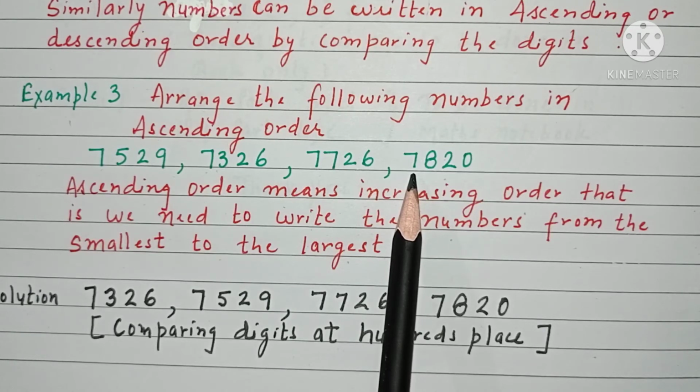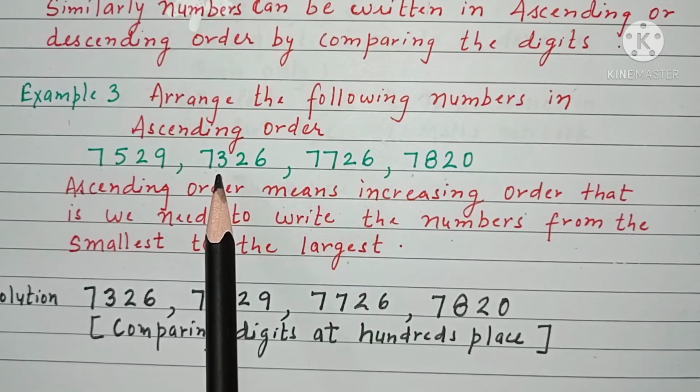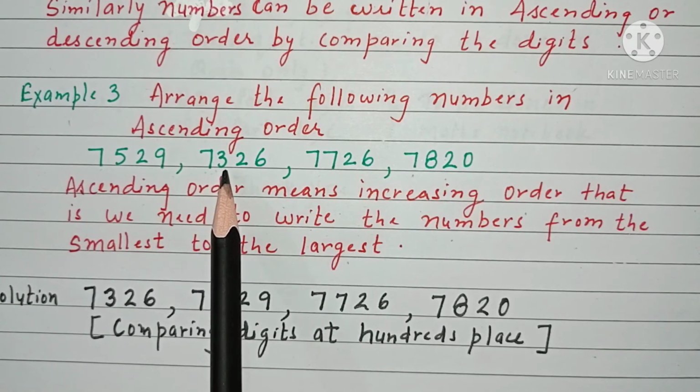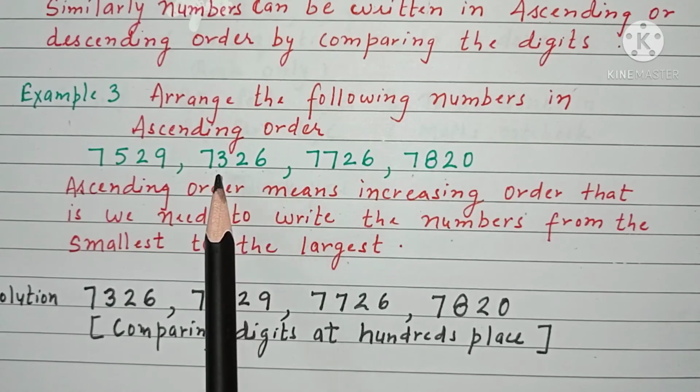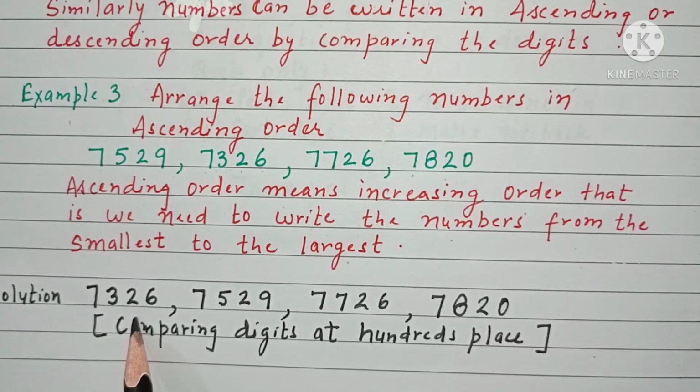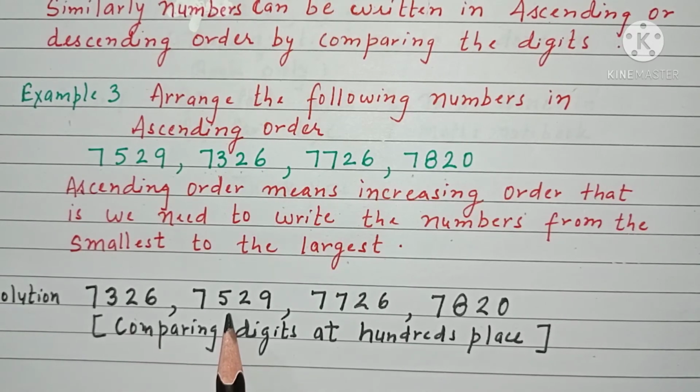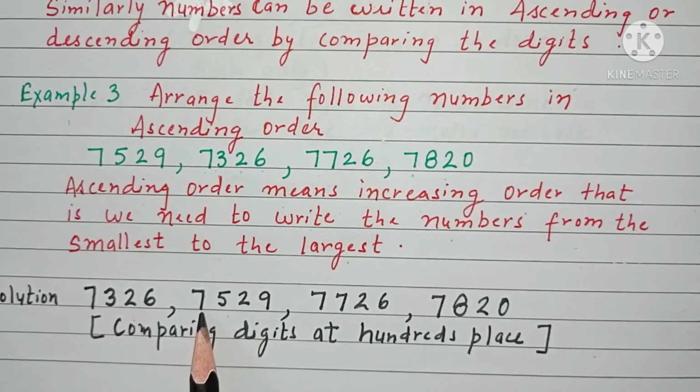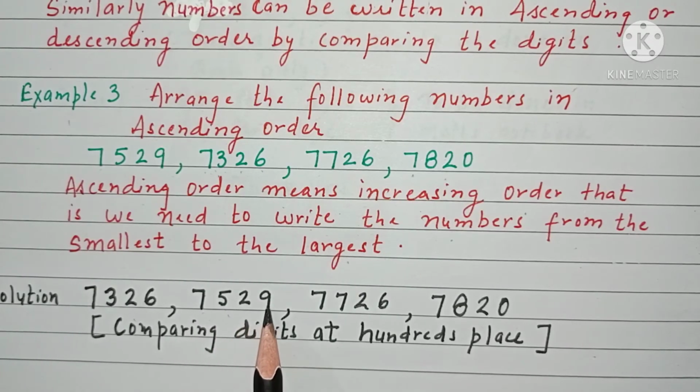We will look for the number which is having the smallest hundred. As we can see here, 7326 is having the smallest hundred. So it will be placed at first place. After that, 500s and the number is 7529.